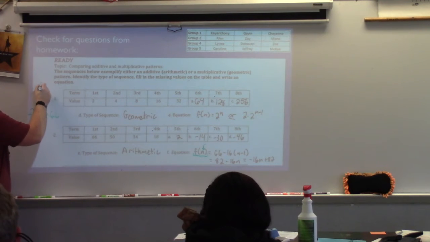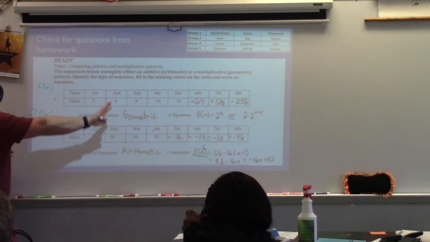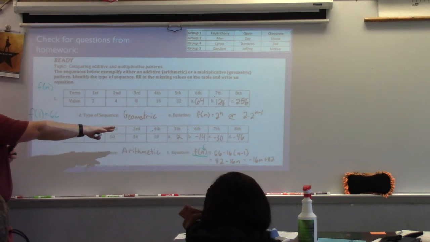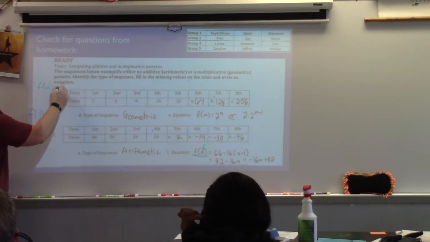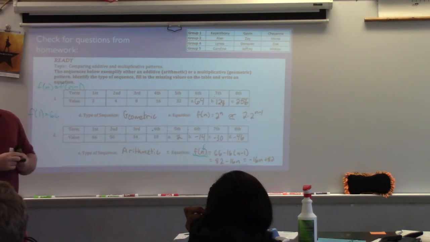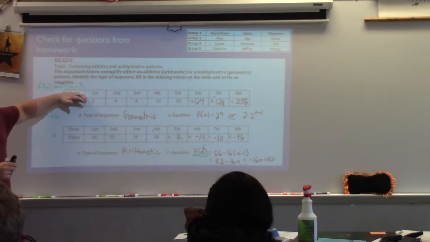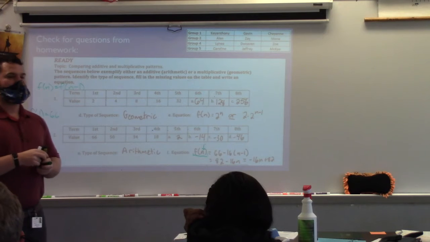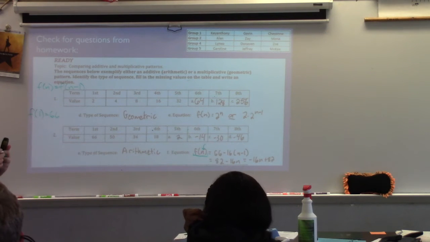It's f of n equals an expression where there's just an input when it's explicit. When it's recursive, it's f of n equals f of n minus 1, because that's whatever the previous output is, and you indicate what you're doing to that previous output. That's the idea of recursive. Okay? All right, any other questions before we move on?